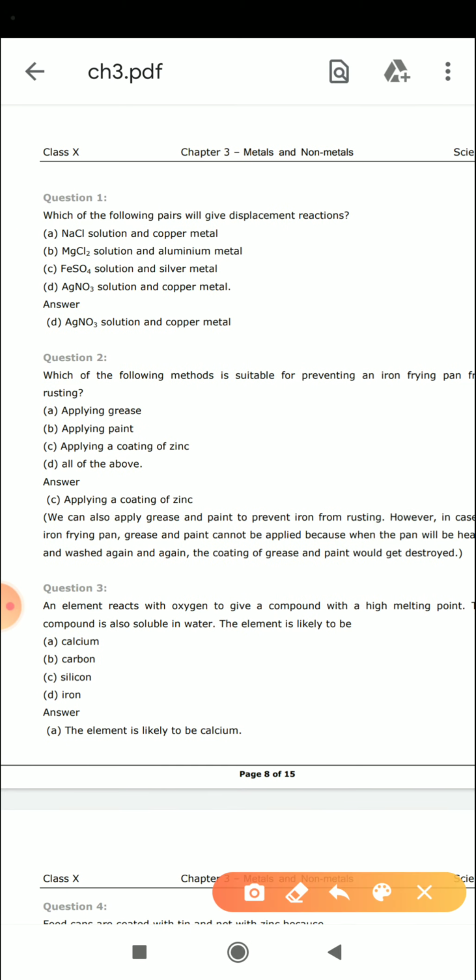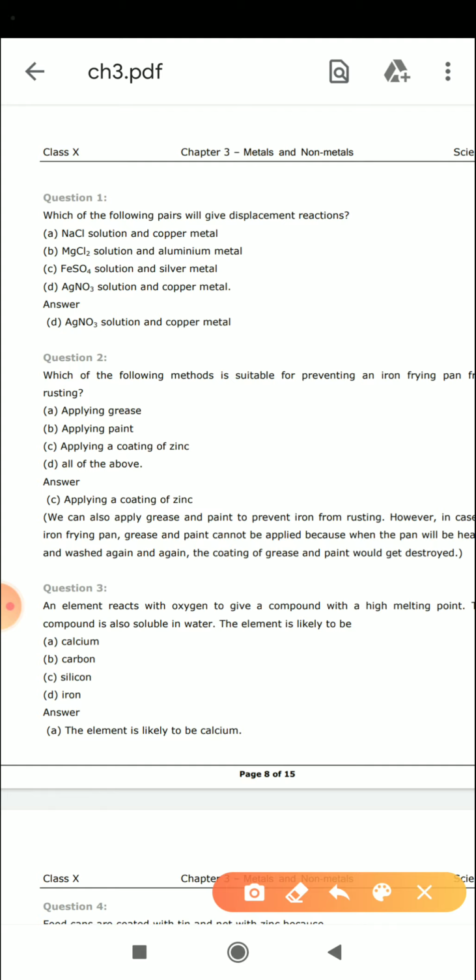Now come to the third question. An element reacts with oxygen to give a compound with a very high melting point. The compound is also soluble in water. The element is likely to be? There are so many elements which make compounds with oxygen and have a high melting point, but we have to choose from these options.